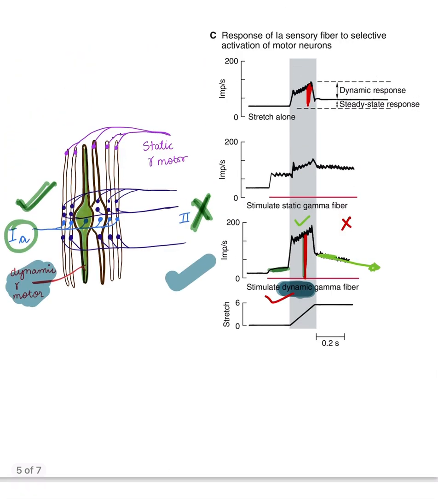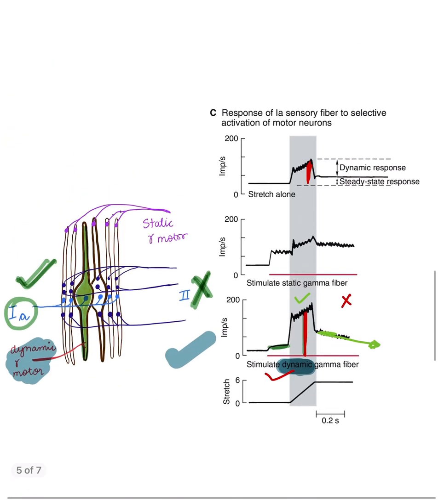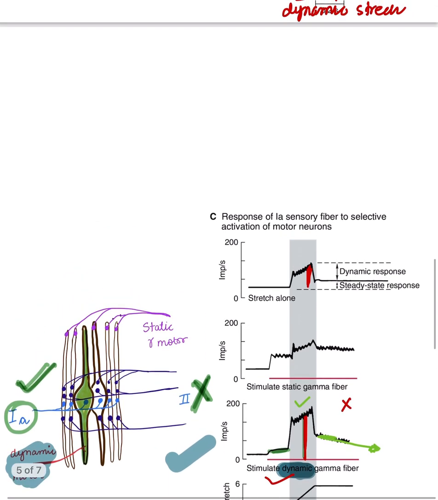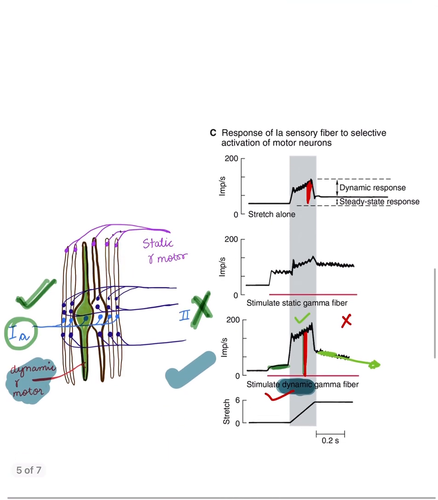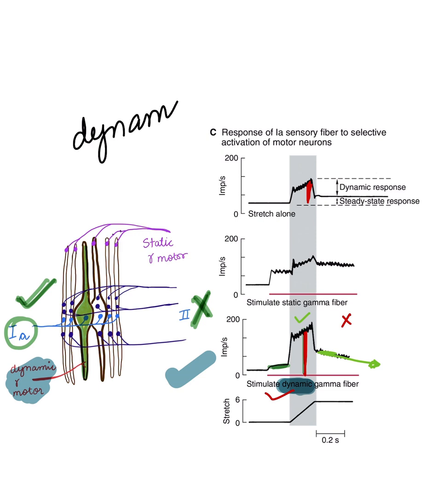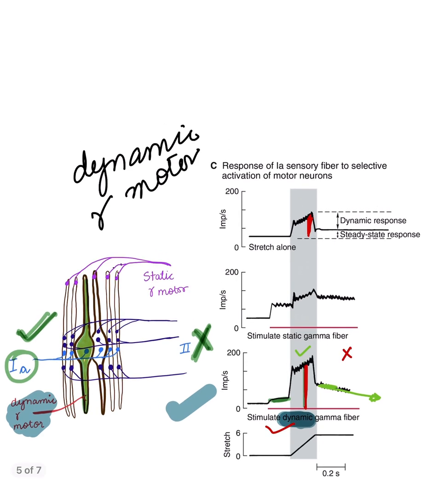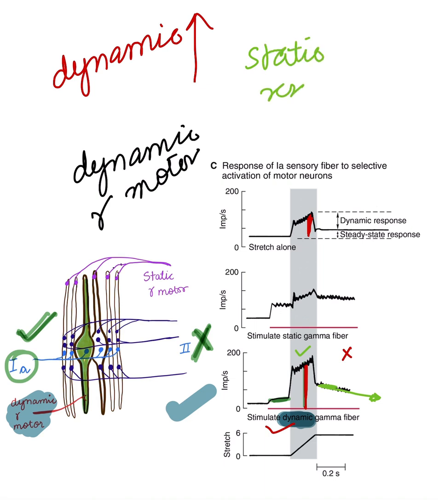And when we are stimulating the dynamic gamma motor neurons, then dynamic activity will increase, but static will have no response.